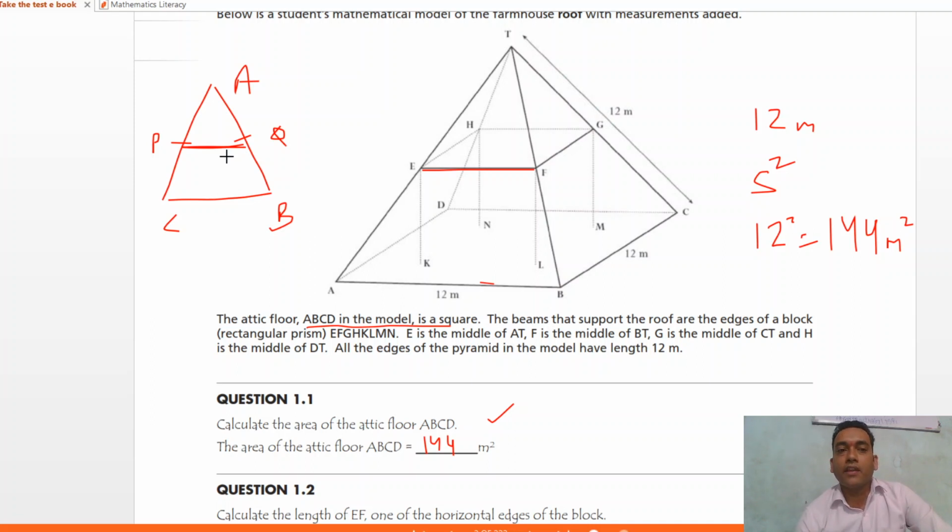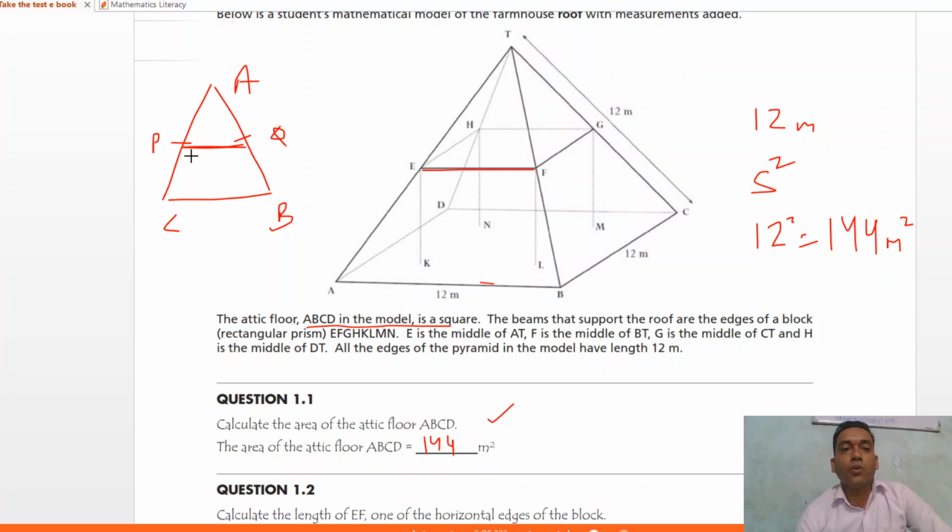The theorem says that when we join the midpoints of two sides of a triangle, the line segment obtained is always parallel to the third side, and in length it is always equal to half of the length of the third side.